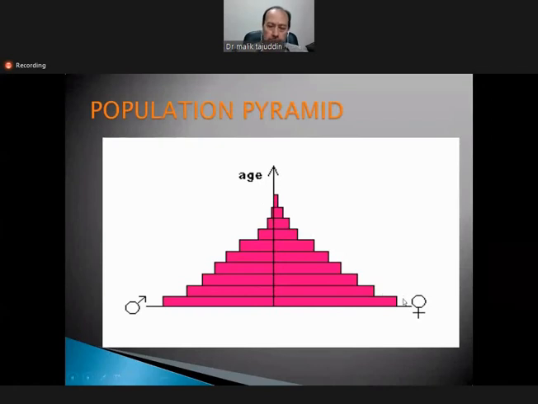For example, suppose this is the population pyramid of 2018. Now the children who are born in 2019 will come here, and they will be added in this bar. While this is a 5-year chart, meaning this is a bar of 2018, 2017, 2016, 2015, and 2014.